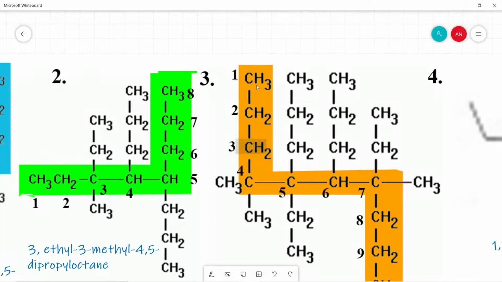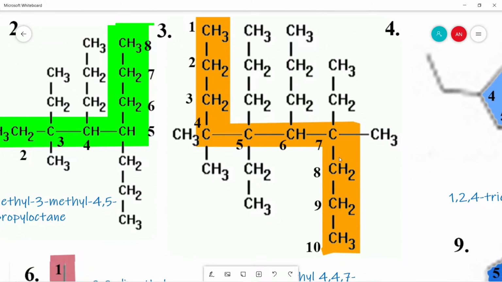If we start assigning the numbers from this side, we get the first substituent on the fourth carbon, and there are actually two substituents on the fourth carbon. And if we start assigning numbers from the other side, the fourth carbon also gets two substituents. So why start from this side, and why not from the other side?